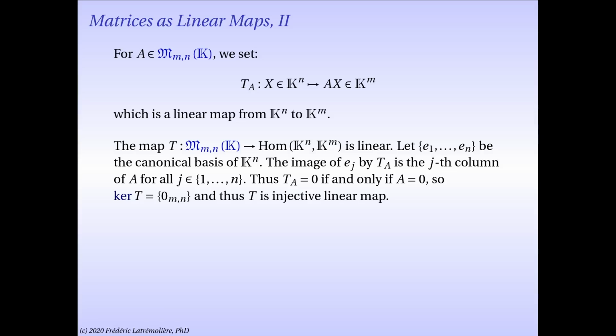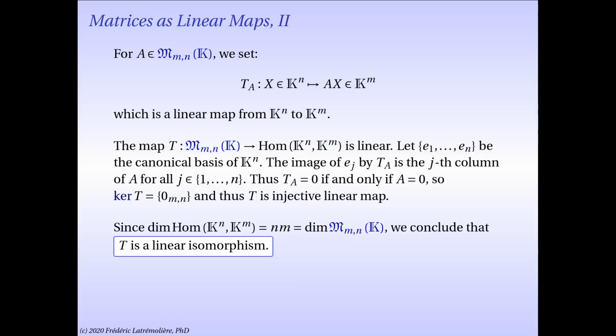In particular, the function T sub A is a constant zero function if and only if the matrix A is the zero m by n matrix. In other words, the kernel of the map T is a singleton 0. Thus, T is an injective linear map.